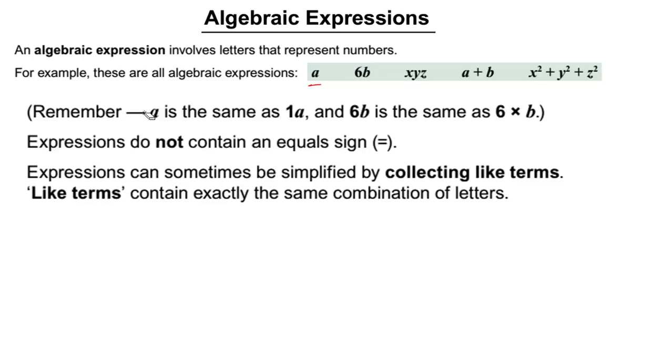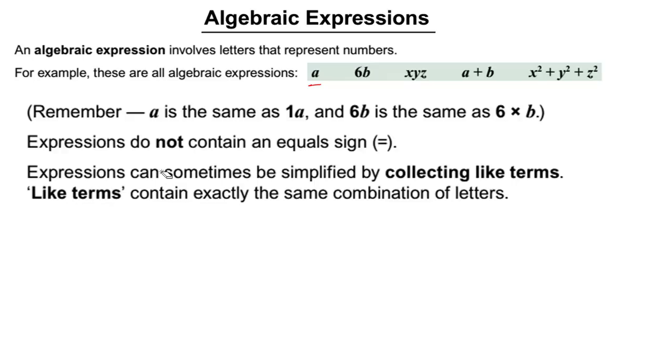For example, if I want to write A, don't write 1A, just say A. But if I have a number like, for example, 6B, it would basically mean the same as B 6 times. So a number and a letter joined together would mean that you're timesing them. Expressions are not equations because they don't have an equals sign. So expressions don't normally have an equals sign.